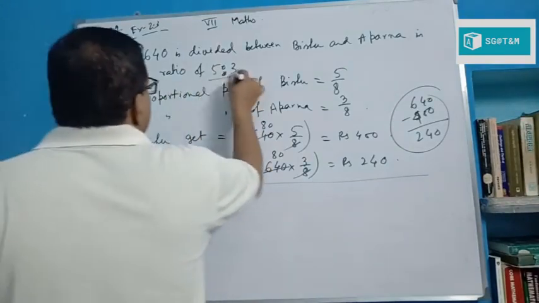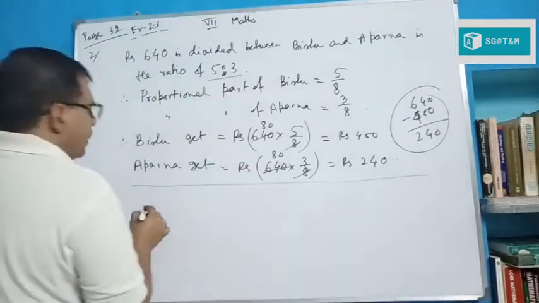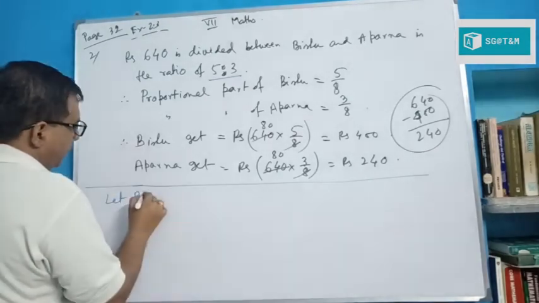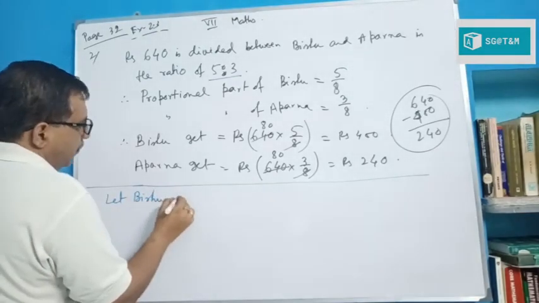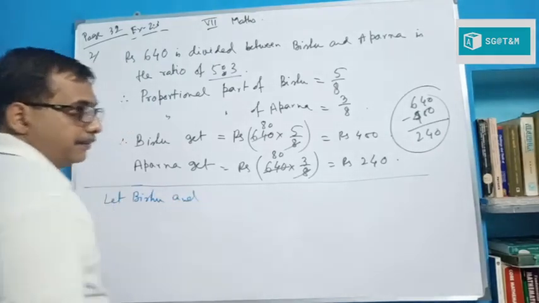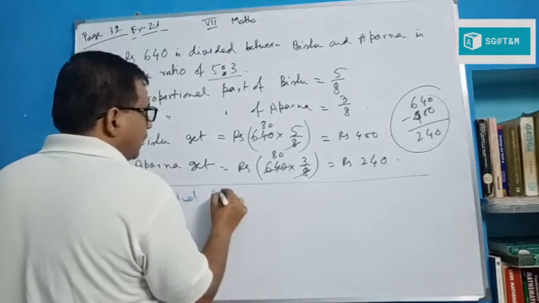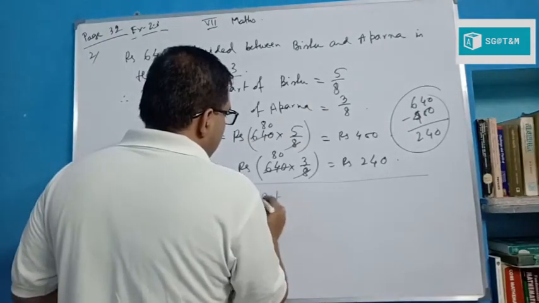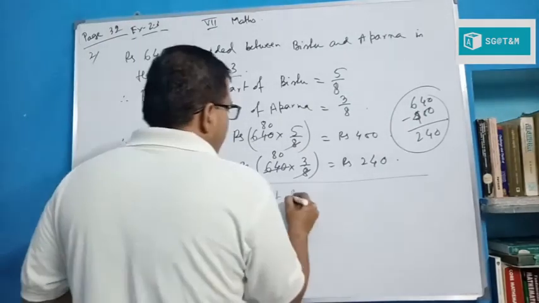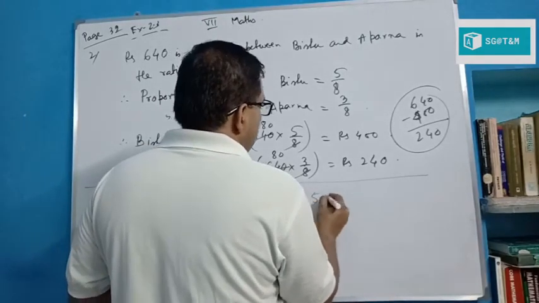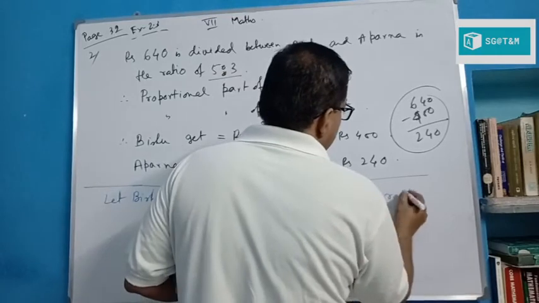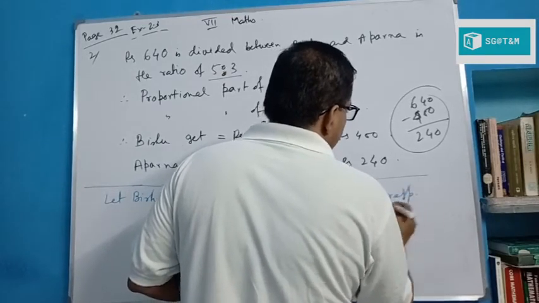Since the ratio is given, let Bishu and Aparna get rupees 5x and 3x respectively.